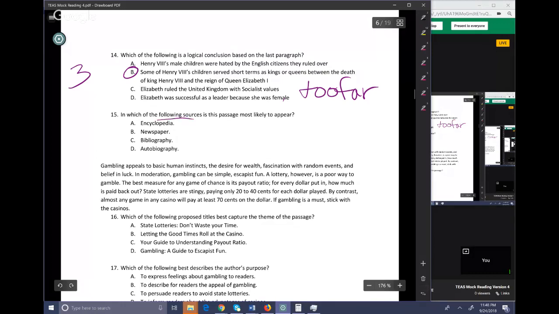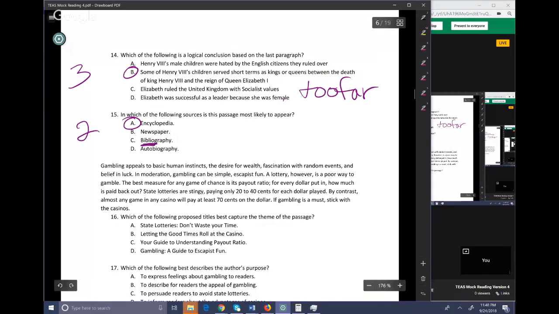In which of the following sources is the passage most likely to appear? That is from reading 2. I spoiled this because I forgot that I added this question. This actually doesn't show up with the Henry passage, I don't think. Maybe it does. But it does show up with others that are like the Henry VIII passage. This would definitely be from an encyclopedia.